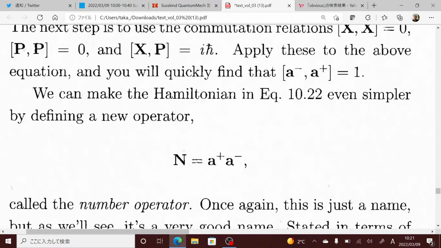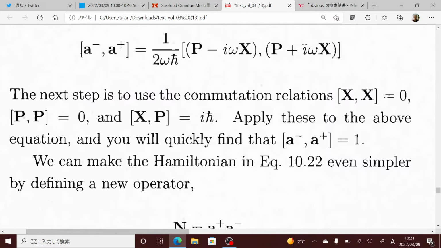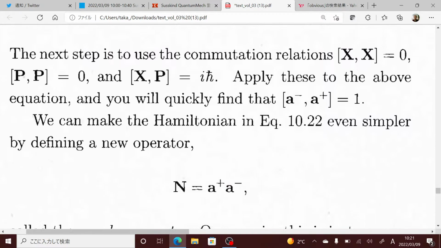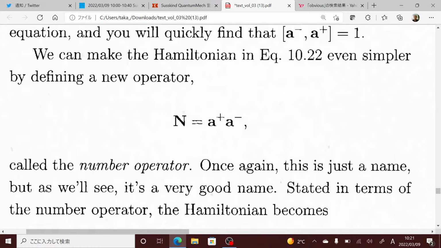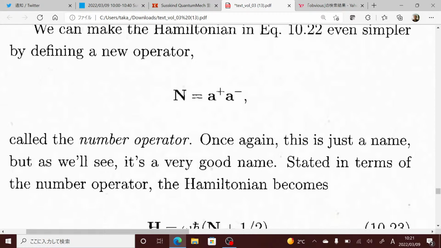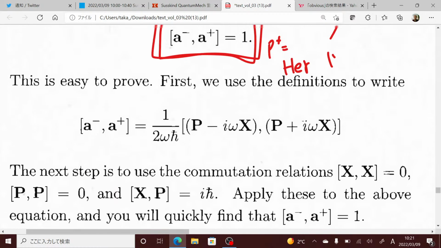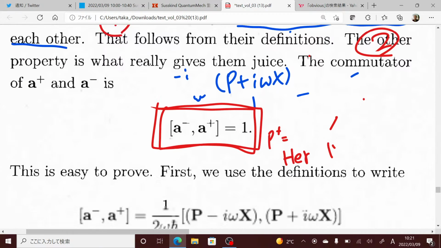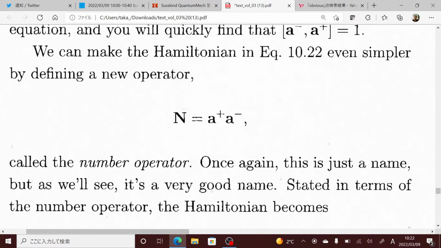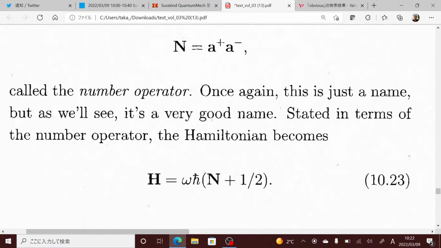We can make the Hamiltonian in equation 1022 even simpler by defining a new operator n equal a plus a minus, which is called a number operator.